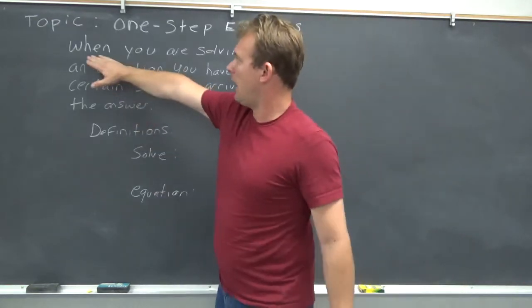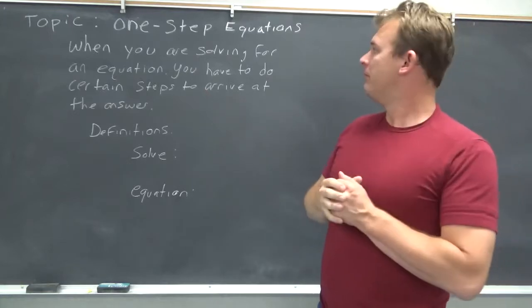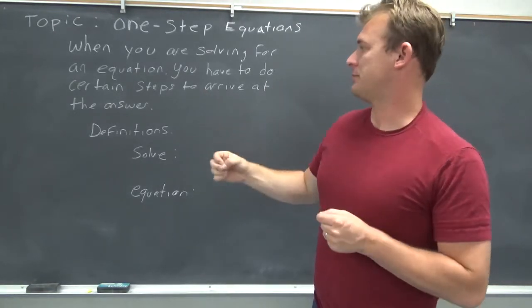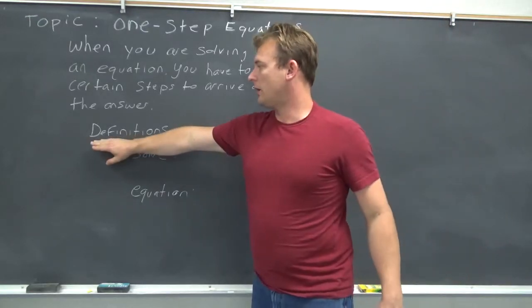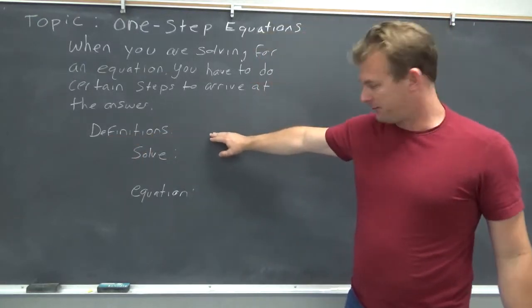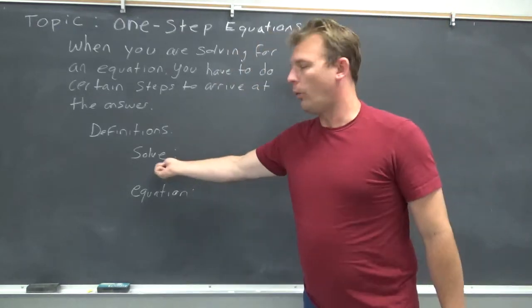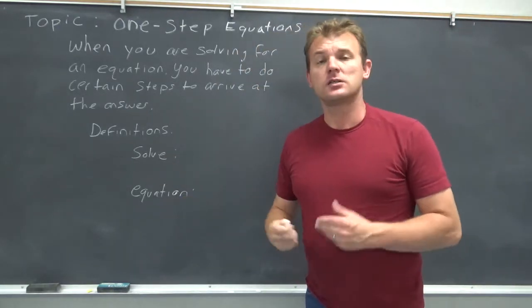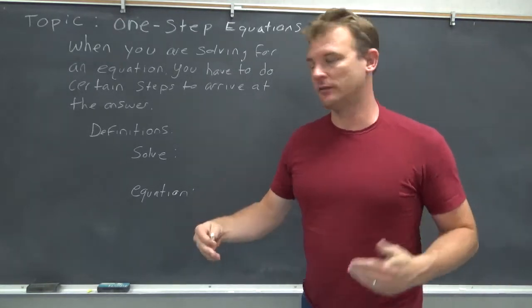So first off, please put this: when you are solving an equation, you have to do certain steps to arrive at the answer. So what I want to do is get some definitions. The first definition I want you to understand is, what does solve mean? Solve means to arrive at an answer.